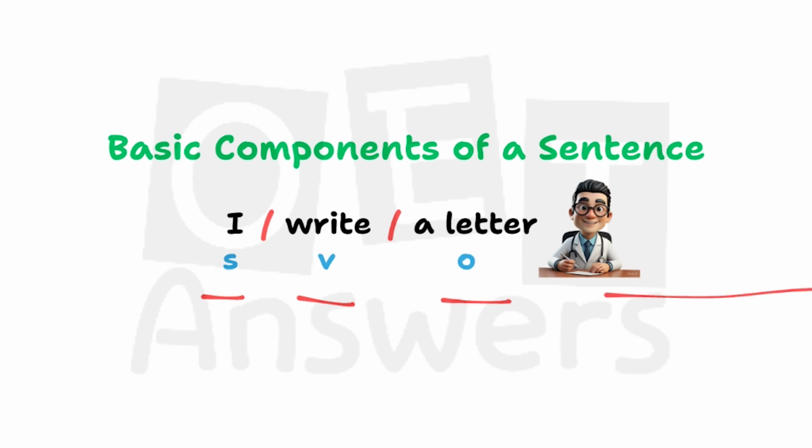But basic components means subject, verb, object. Do you have any idea about these three? Subject, verb, object, what is the meaning of that, what does it indicate, where we have to use it, what is the exact placement of the subject, verb, object? We can discuss all these things in this segment.